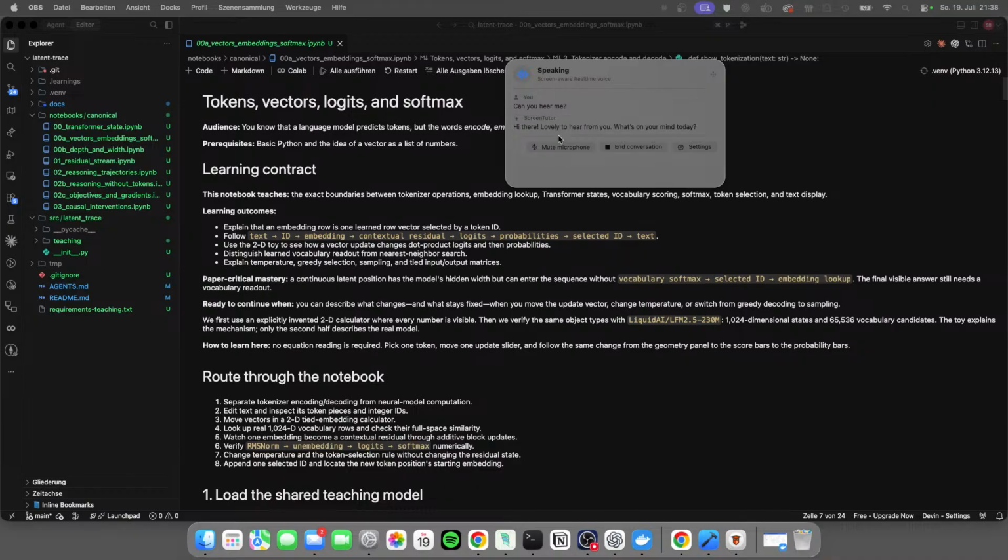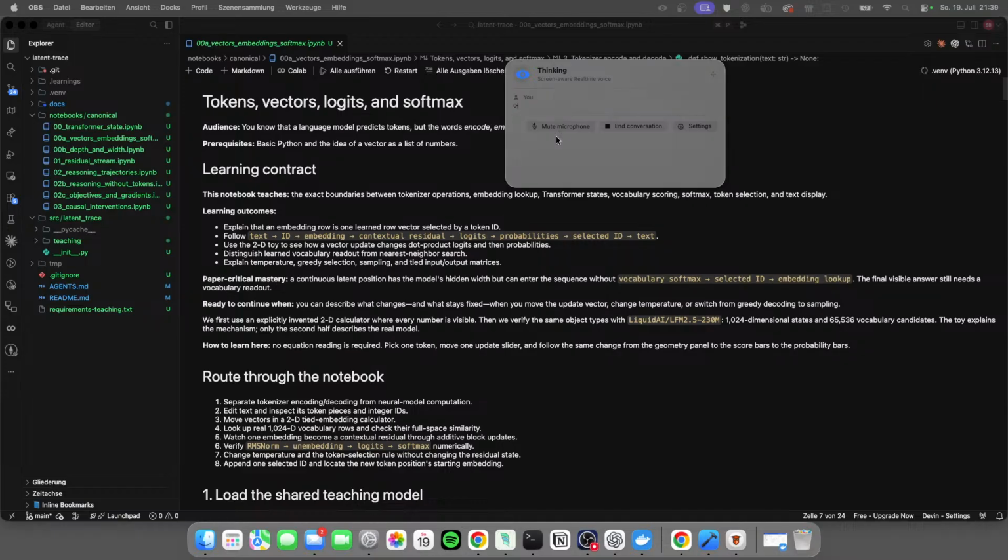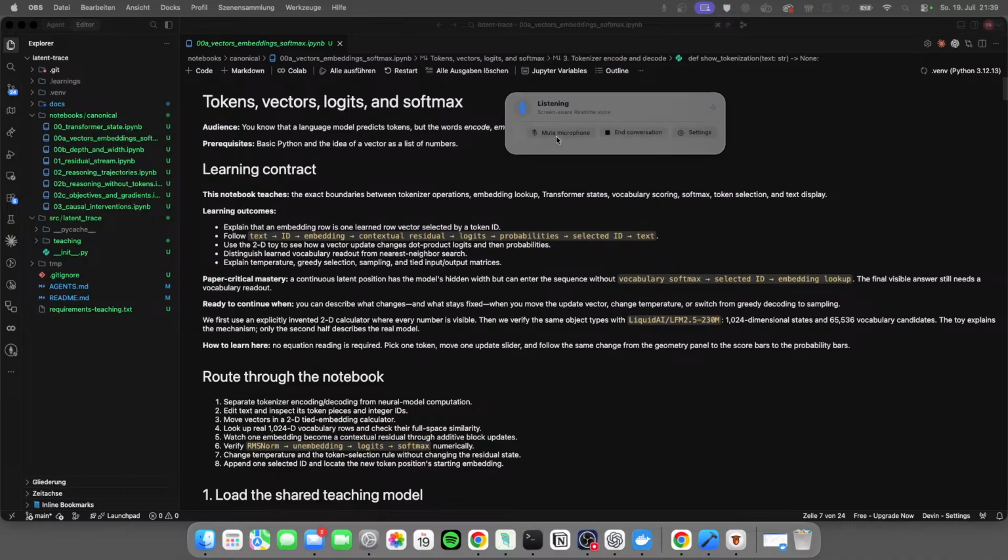Lovely to hear from you. What's on your mind today? Can you please have a look at my codex window and take a screenshot? Take your time. If you're figuring out what to ask, you can just describe the task, paste text, or say what you're trying to do.